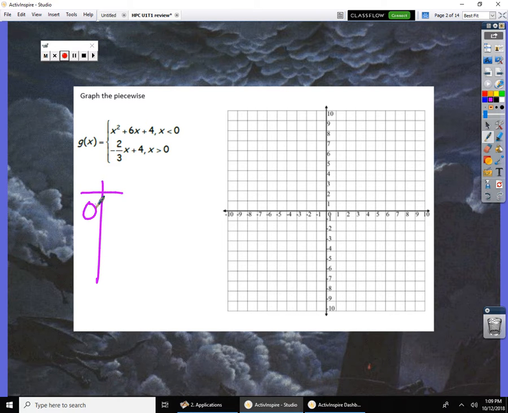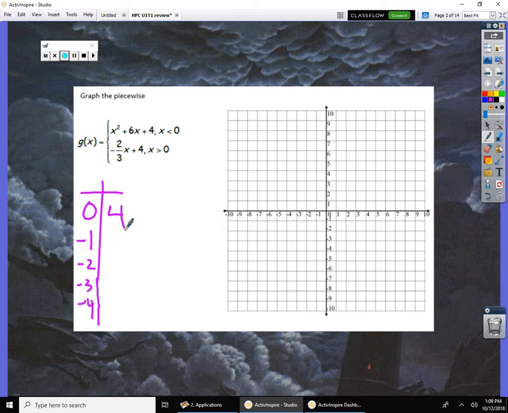So I'm going to pick 0 and numbers smaller or bigger? Smaller. So I'm going to go -1, -2, -3, -4. I'm going to do a couple, and you'll see my reason why in a second, okay? All right, so what's 0 squared? What's 6 times 0? And 0 plus 0 is? 0. And then add on the 4, I get 4.